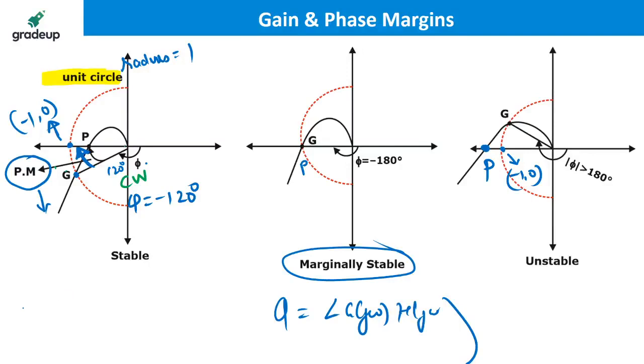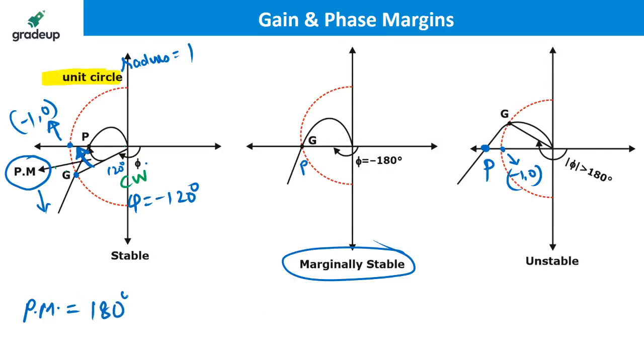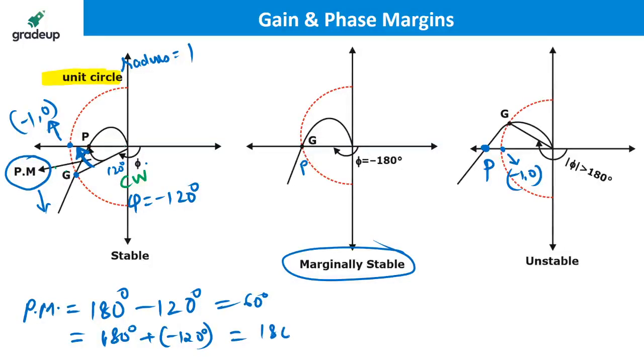So how to evaluate this phase margin? This phase margin, guys, should be equal to 180 minus 120, and that is equal to 60. This is equal to 180 degree plus minus 120, and I will write it as 180 plus whatever the phase was.